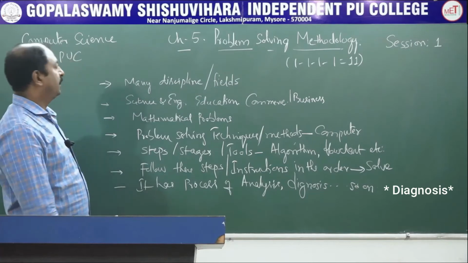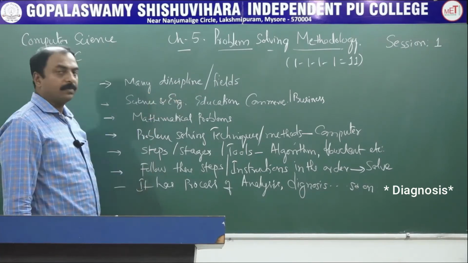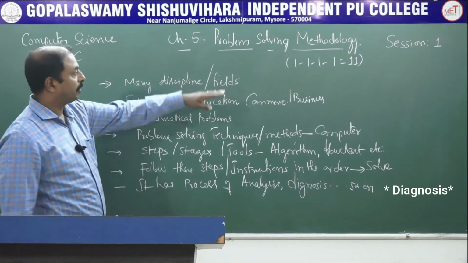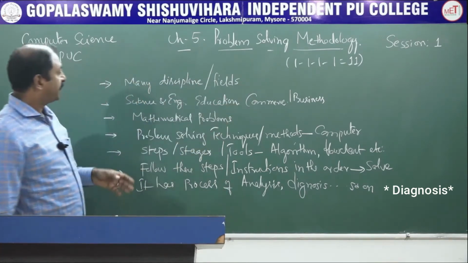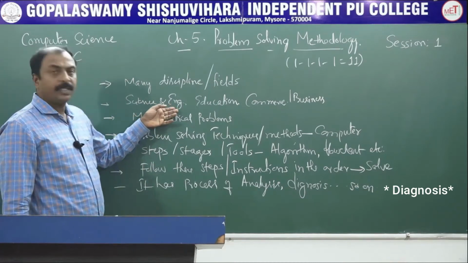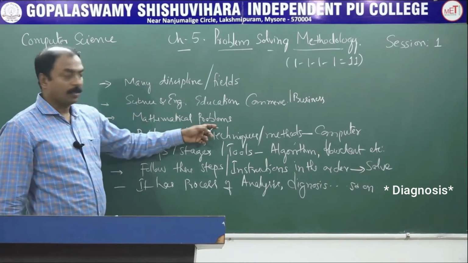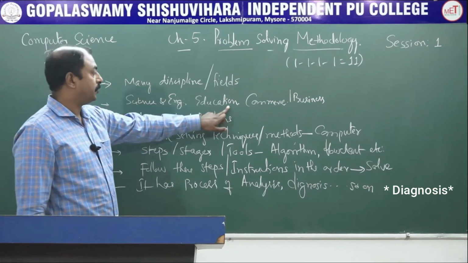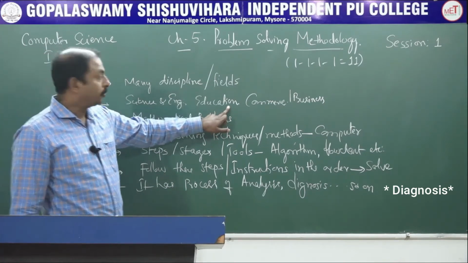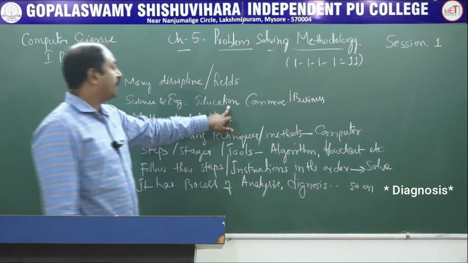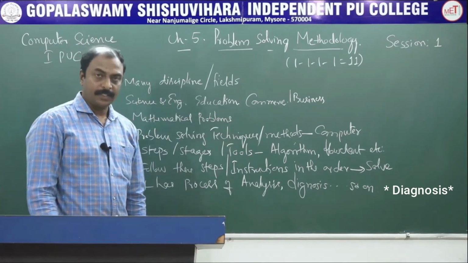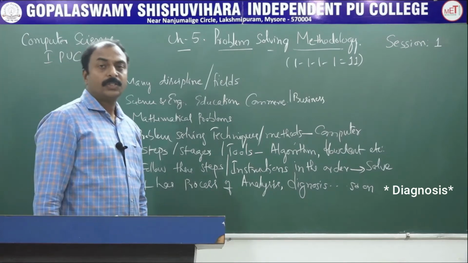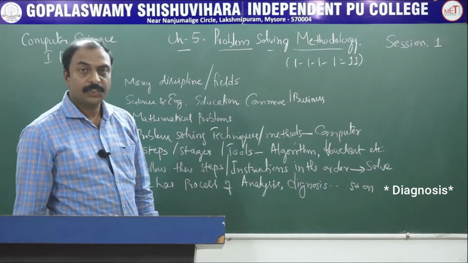Students, I repeat once again, we are using the term problem solving in different disciplines or different fields. For example, in the field of science and engineering, it deals with mathematical problems. If you talk about the education department or institutions, as I told you just now, it is to keep track of or to maintain the data records of all the students of a particular institution.